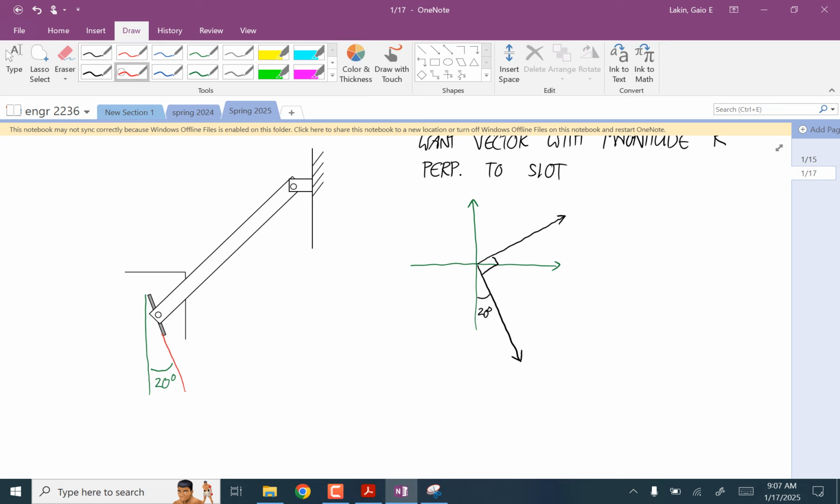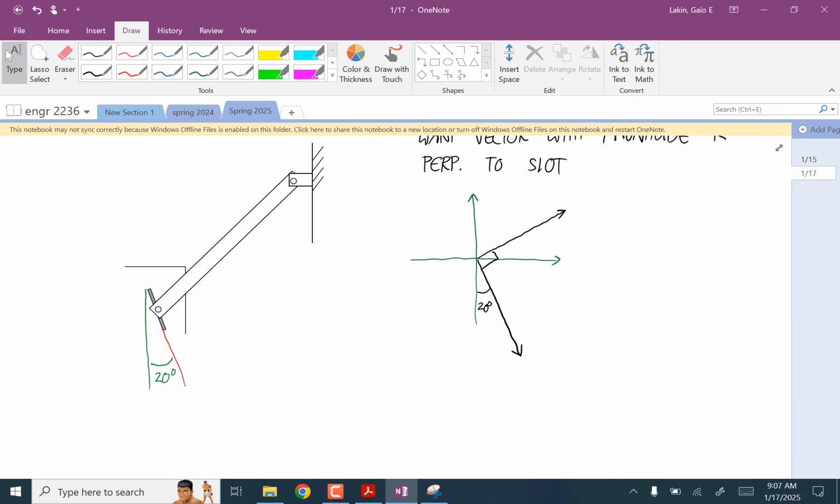And now let's use that same approach we used in number 12. Here's the positive x-axis, here's the positive y-axis. From the positive x-axis, I'm going to go all the way around to here. So that's a counterclockwise angle of 270 plus another 20, and it's positive because it's counterclockwise.